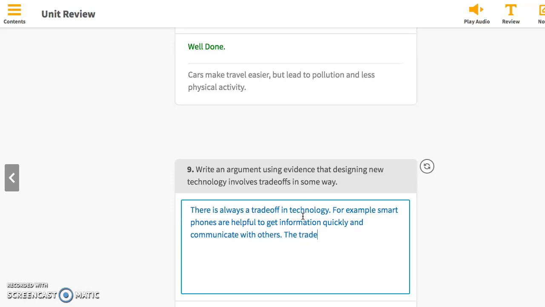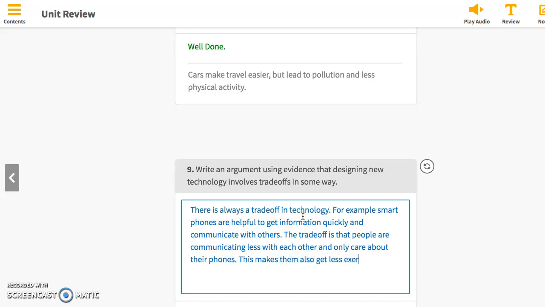The trade-off is that people are communicating less with each other and only care about their phones. This makes them also get less exercise as a trade-off.